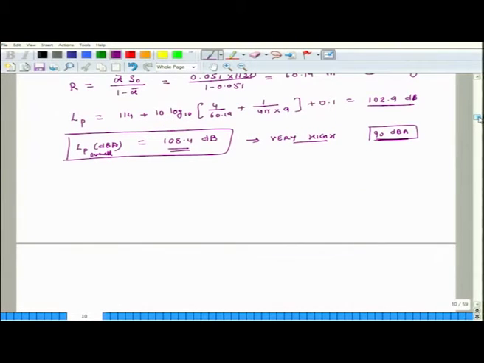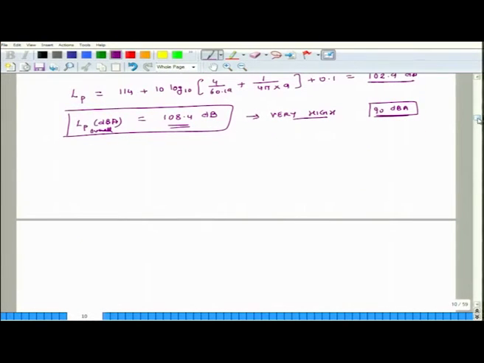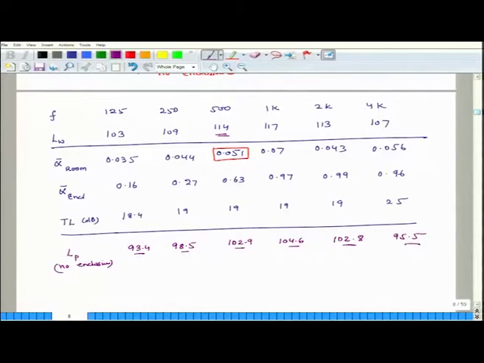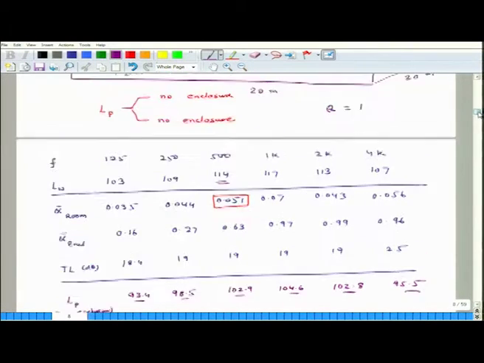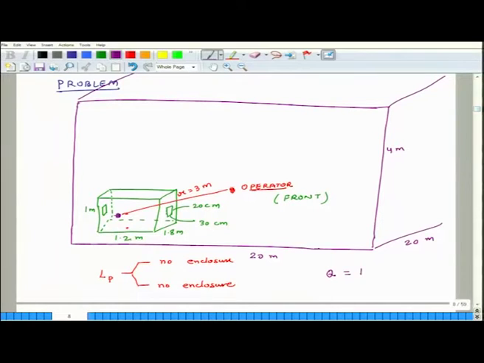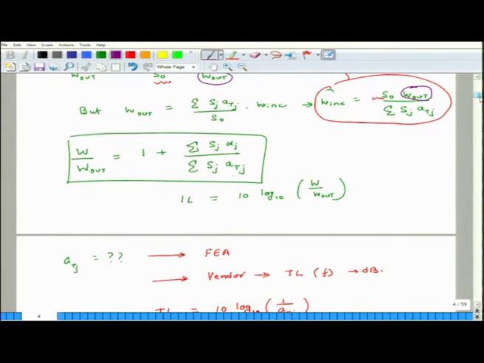To do that, we have to consider the effect of enclosure. Okay. Once the enclosure is there, the amount of sound coming out will be less, and what we have to compute is W out. W out can be computed by this relation, 1 plus S j divided by alpha j, divided by the sum of Sj times Atj.